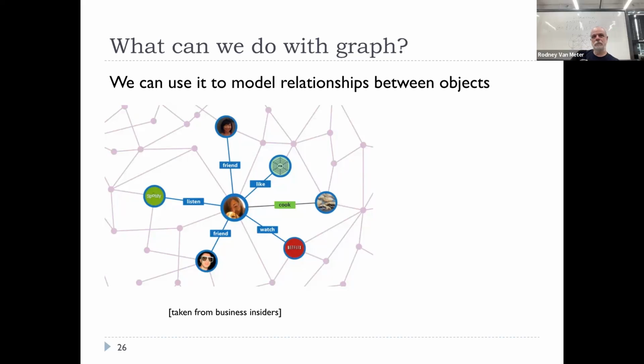She has two friends connected above and below her with an edge labeled as a friend. She likes to listen to Spotify, and she likes to cook, so that's connected to, I guess, cookies she's making. And then she likes to watch Netflix. So we can write down these relationships in a graph structure.